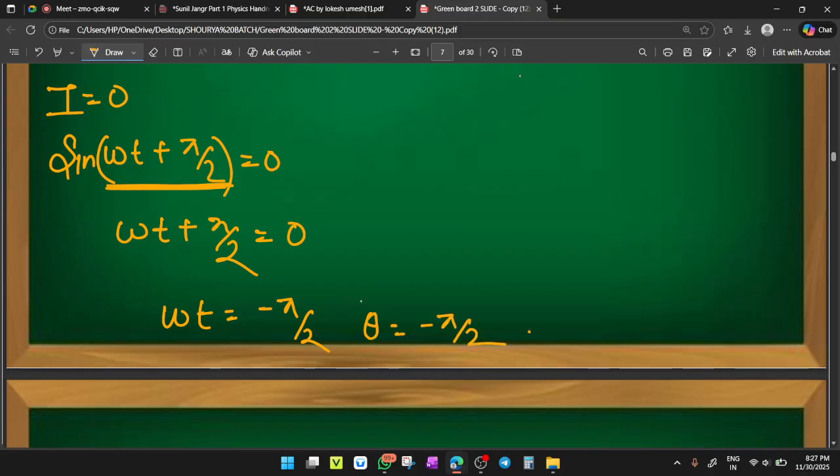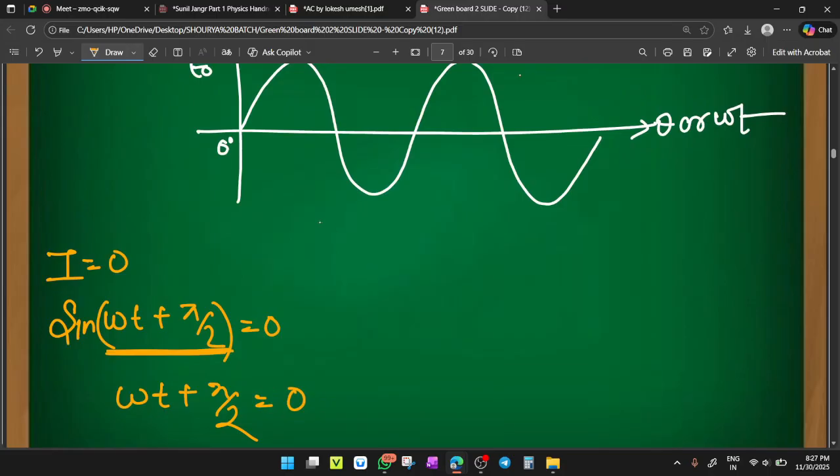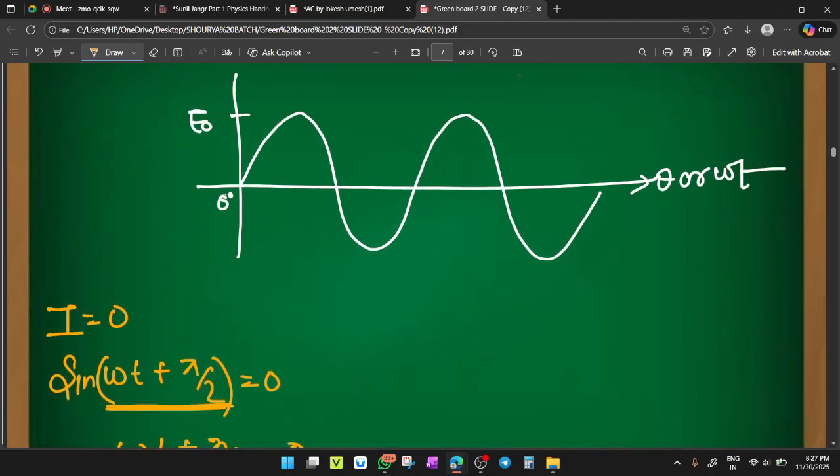Clear? So current is leading. That's why it starts before your applied voltage. This angle is pi by 2, meaning 90 degrees, and here it will be minus pi by 2. So your current will start from here. The phasor diagram will be like this.